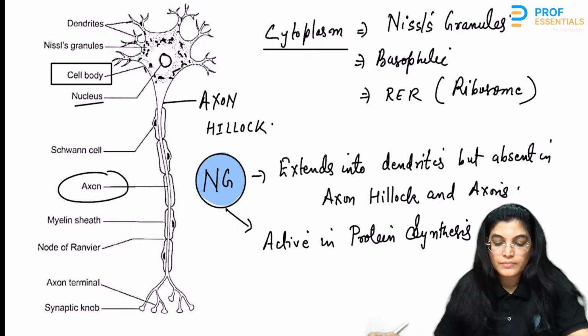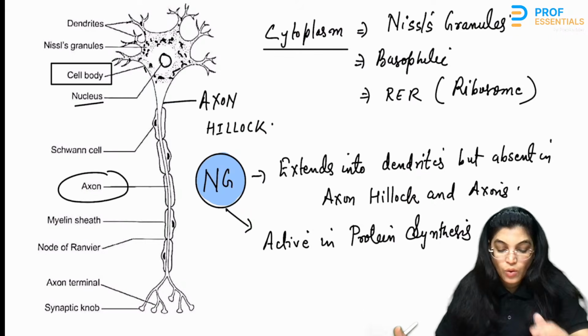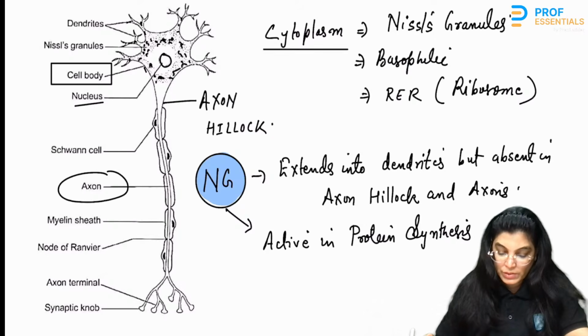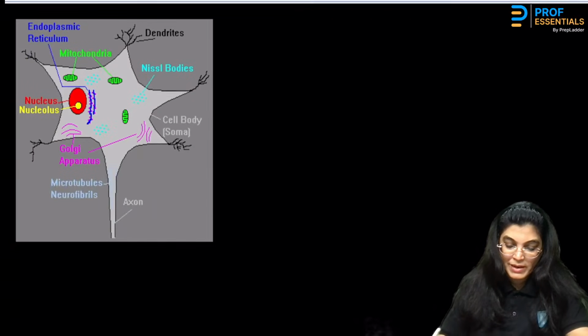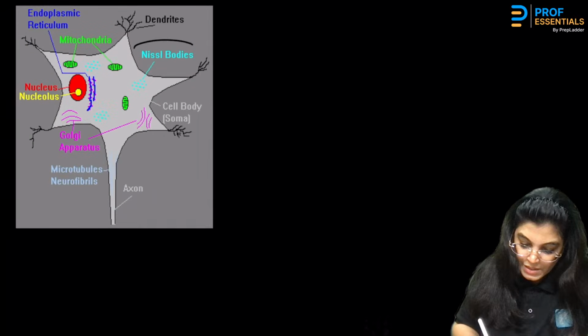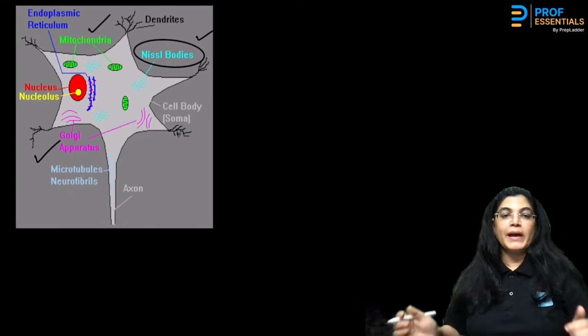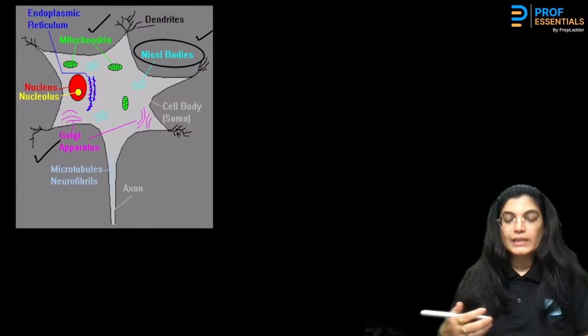Now, other structures lying in the cytoplasm are the Golgi bodies, which lie close to the nucleus, and the mitochondria, which are obviously present. In this image you can see the Nissl granules, mitochondria, the Golgi apparatus, and microtubules extending in the axon.